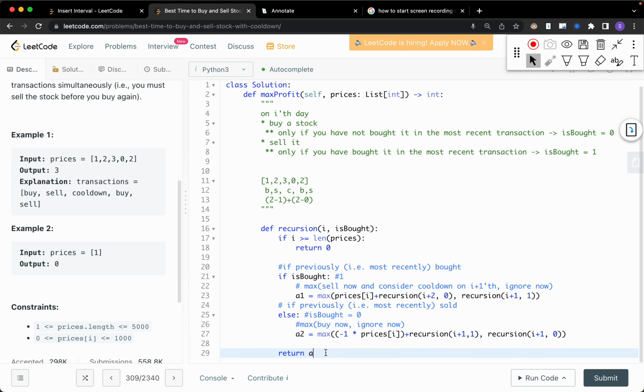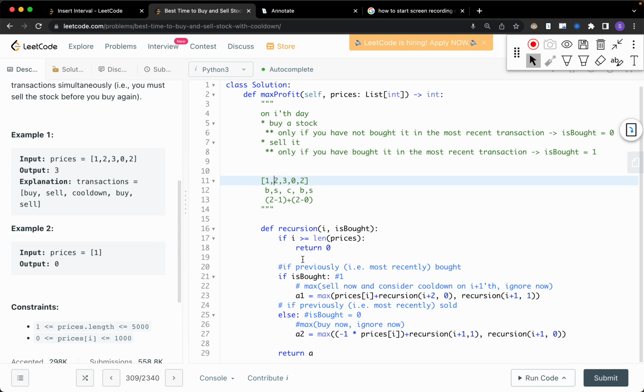But if you can see, there is an overlapping subproblem. For every buy and sell combination, we are traversing through the entire list from the 0th index to the last index, and then we are coming back again, and this keeps happening, right?